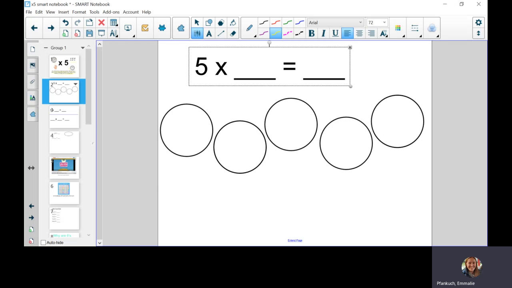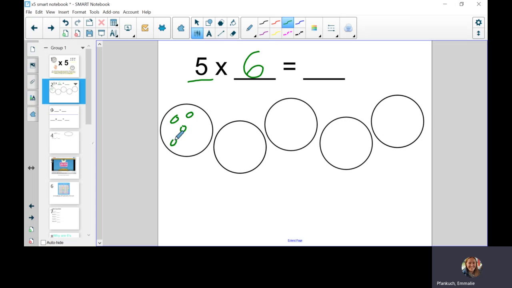We've talked before about how we can use multiplication by drawing equal groups. For example, I might have 5 equal groups, and inside each group, I have 6 dots. We could think about this as jelly beans, maybe, or beads, or people.